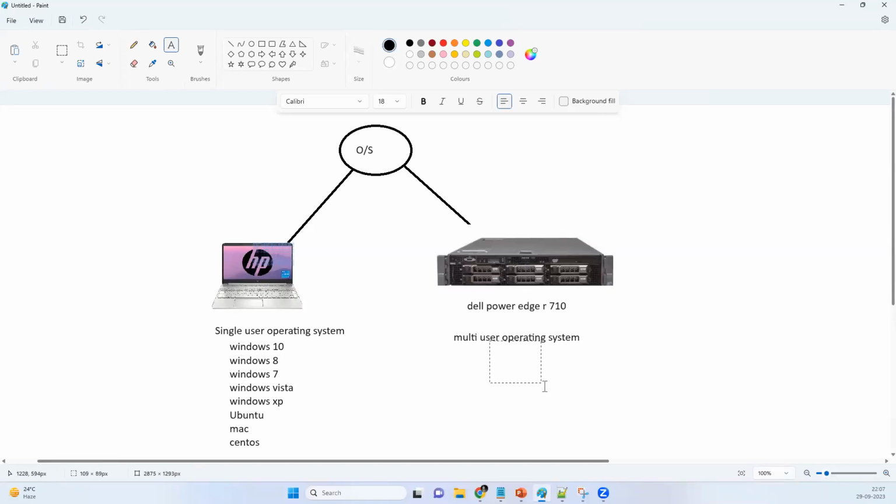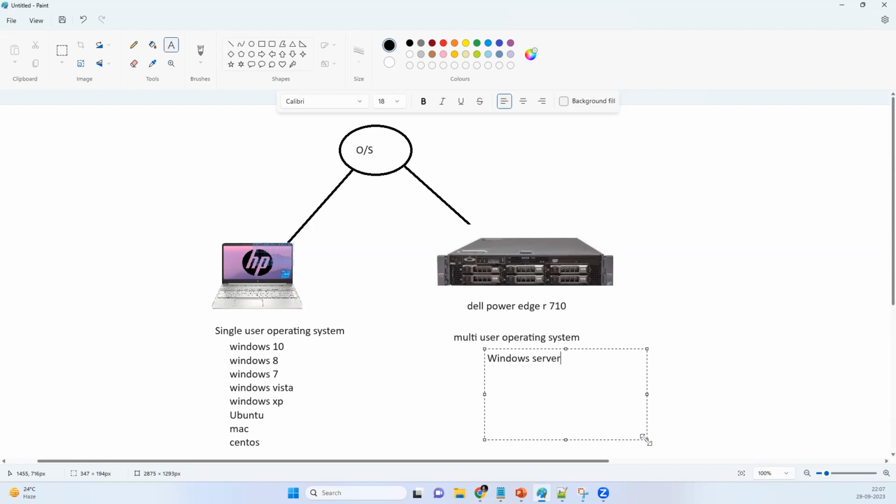So multi-user operating system. Guys, does anyone know what the multi-user operating systems are?